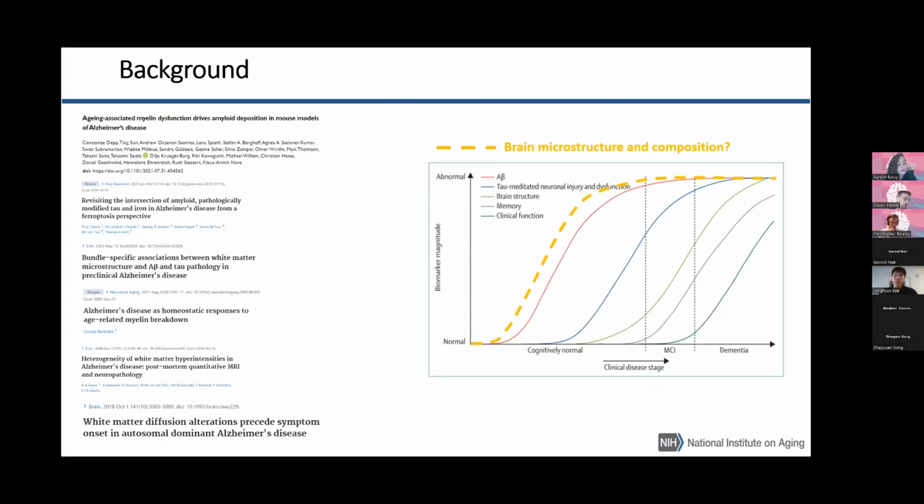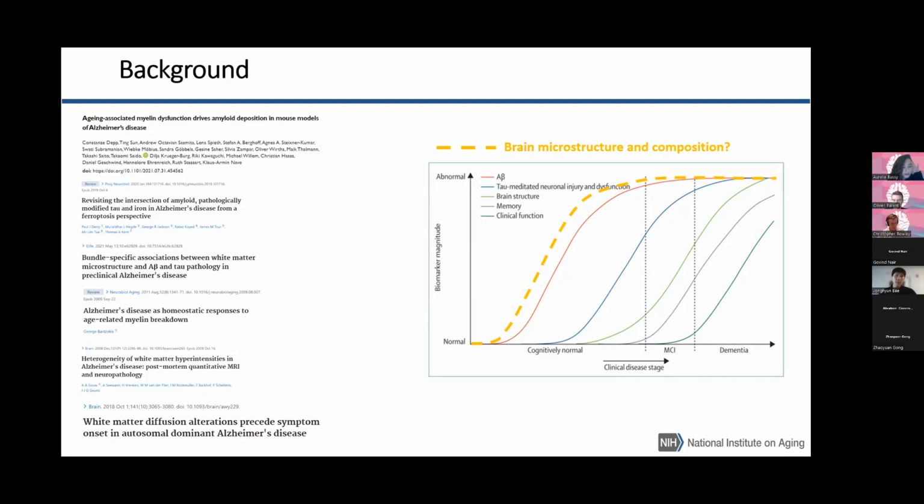So this plot shown here to the right demonstrates different physiological changes such as amyloid plaque accumulation, tau pathology, brain atrophy, and cognitive decline along aging, and potentially during the disease progression as well. However, many previous research studies have suggested different microstructural changes that can be found along this process.